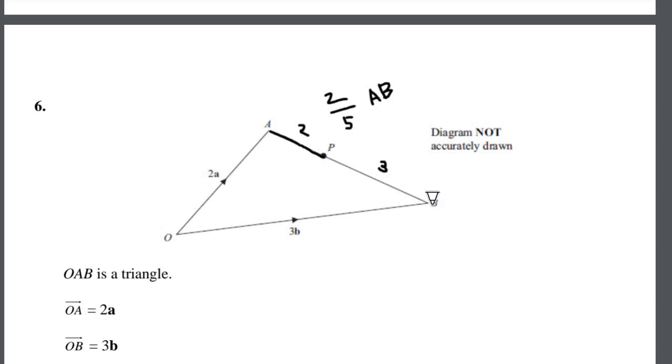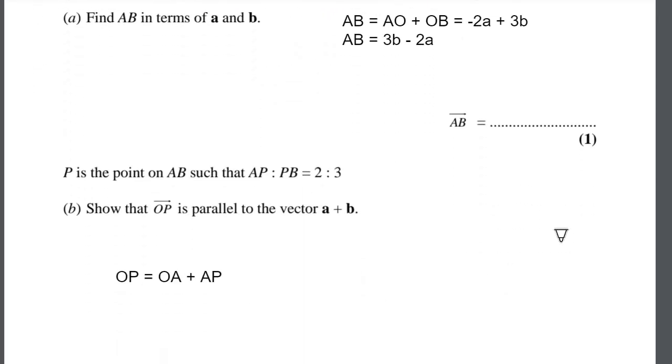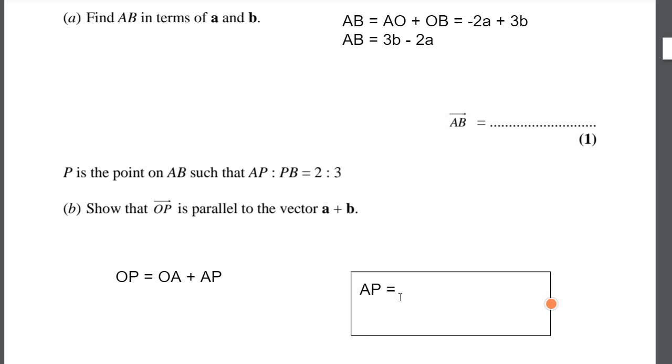You see, you have AB here, which is the full straight line, the whole vector. Because the ratio has been given as 2 to 3, 2 parts out of 5 parts is AP. If you understand this, the rest is very easy. So we have found that AP is 2/5 of AB.